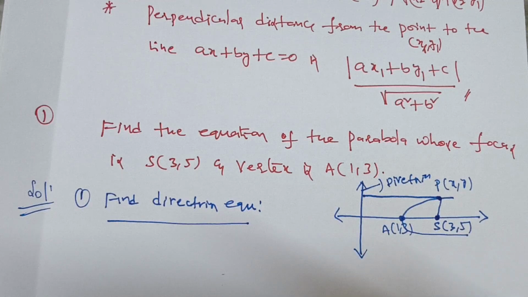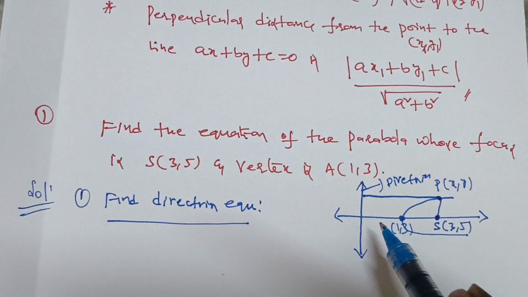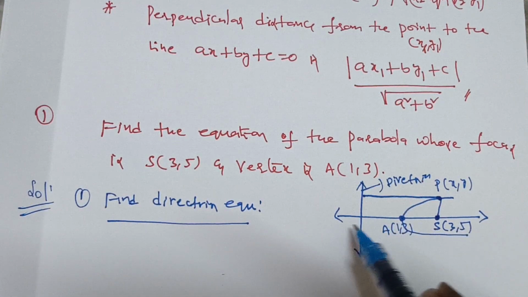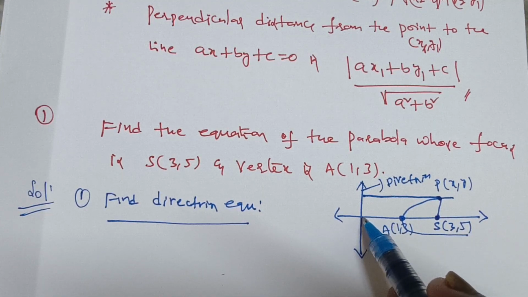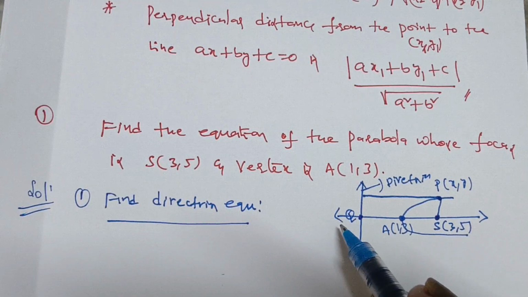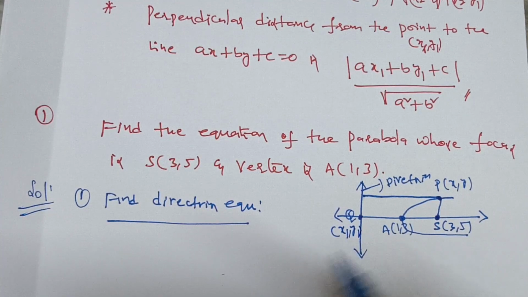To find it, we depend upon the point slope form. So first of all, we need to find a point. Suppose this is the point of intersection, Q. Suppose we assume this is Q. Take it as coordinates (x1, y1).